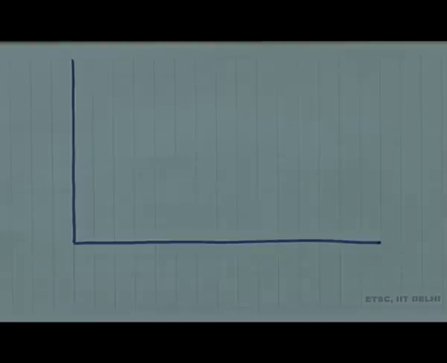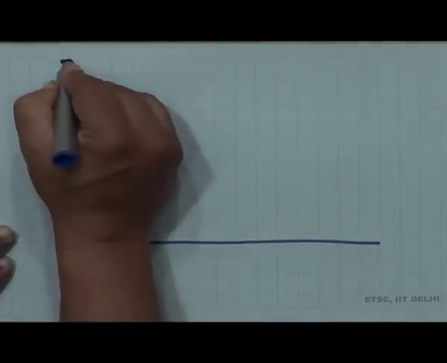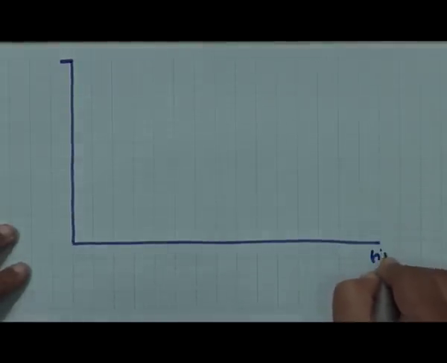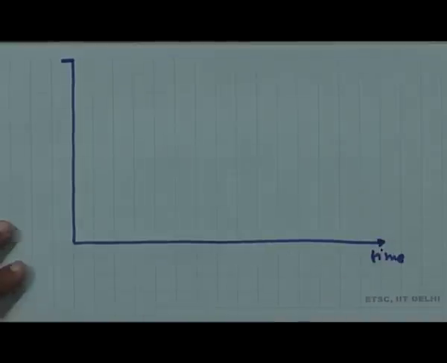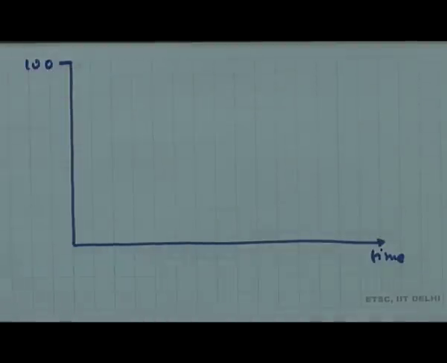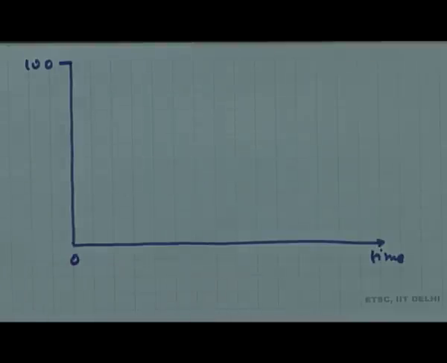Here, this is my time, and this is my concentration of reactant on the y axis. This is my 100%. This is zero time, so I have 100% of the reactant and no product. This is my initial value A naught, which I say is 100%.